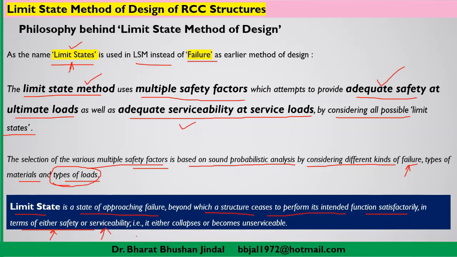That means you can't use that structure. It may either collapse or become unserviceable. So what is the possibility? Possibility is that whatever limit we are imposing, beyond that limit, maybe some particular stress, either the structure will collapse or the structure will be unserviceable. That means you can't take the services of that particular structure.